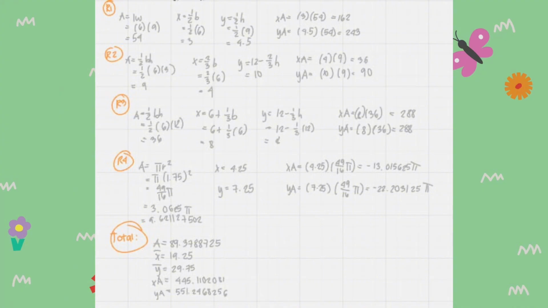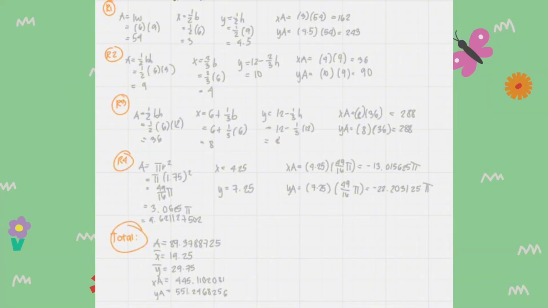Next is x times area and y times area. From our earlier answer, x is 3 and y is 4.5. So 3 times 54 is equal to 162 and 4.5 times 54 is equal to 243.